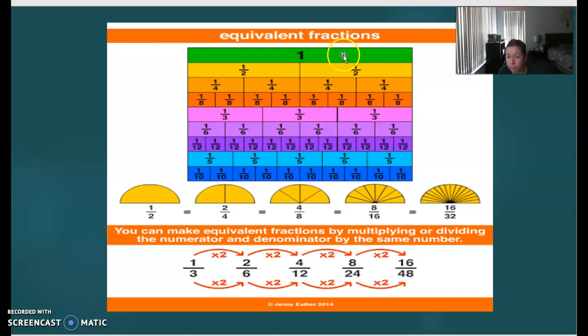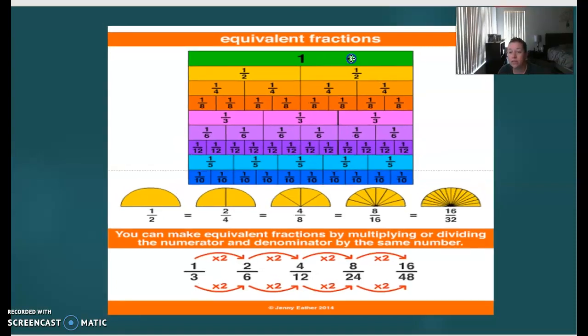Twelfths, I need 12 pieces. If the number one was my candy bar, I'd rather do half because I want to keep half of that candy bar. I love chocolate. Over here, the circle, same thing. The more we break it up, the smaller it gets.